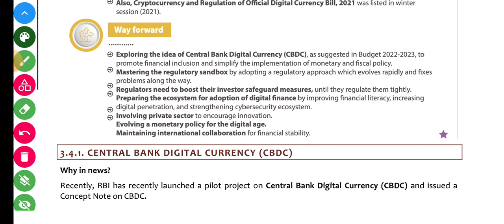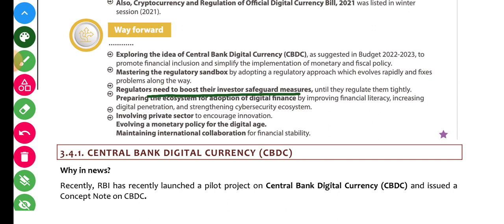Next is the way forward. Exploring the idea of a central bank digital currency. Mastering the regulatory sandbox, by adopting a regulatory approach which evolves rapidly and fixes problems along the way.